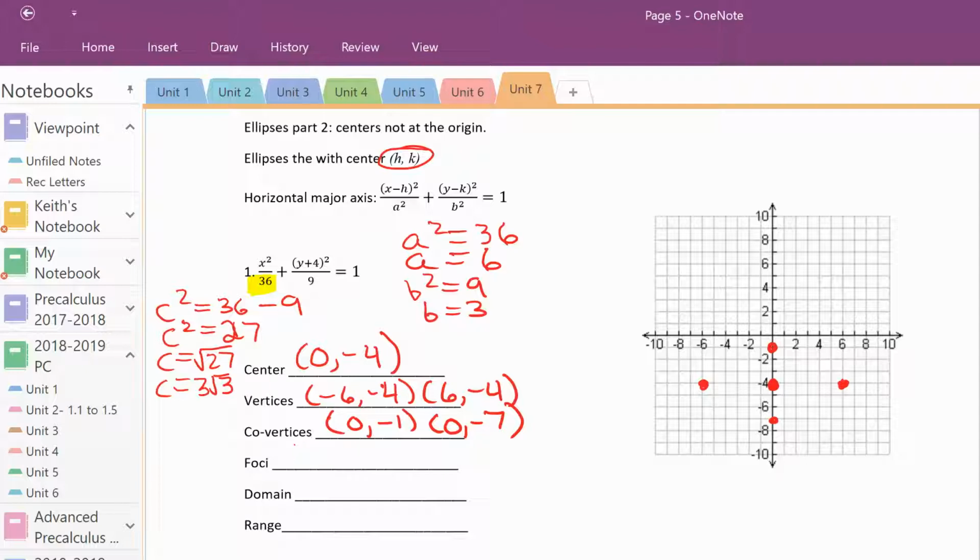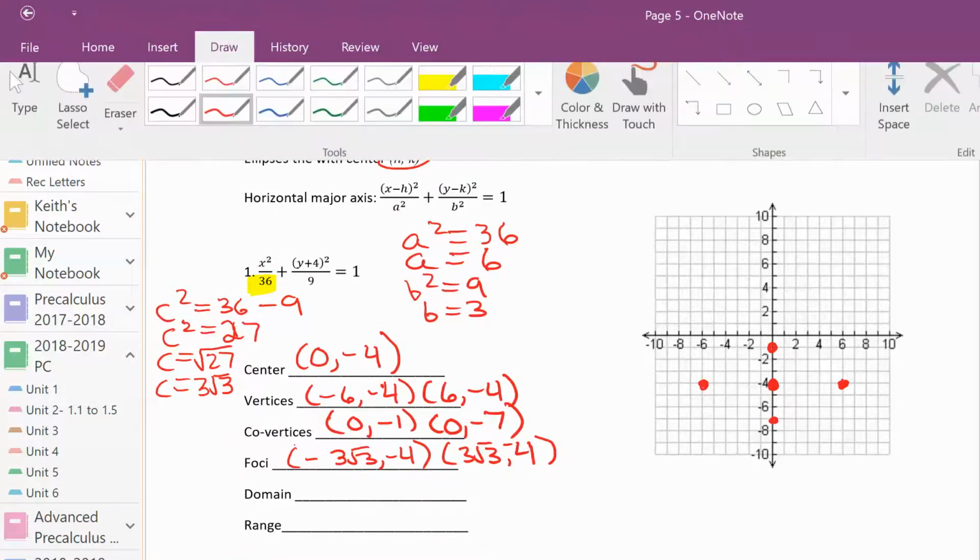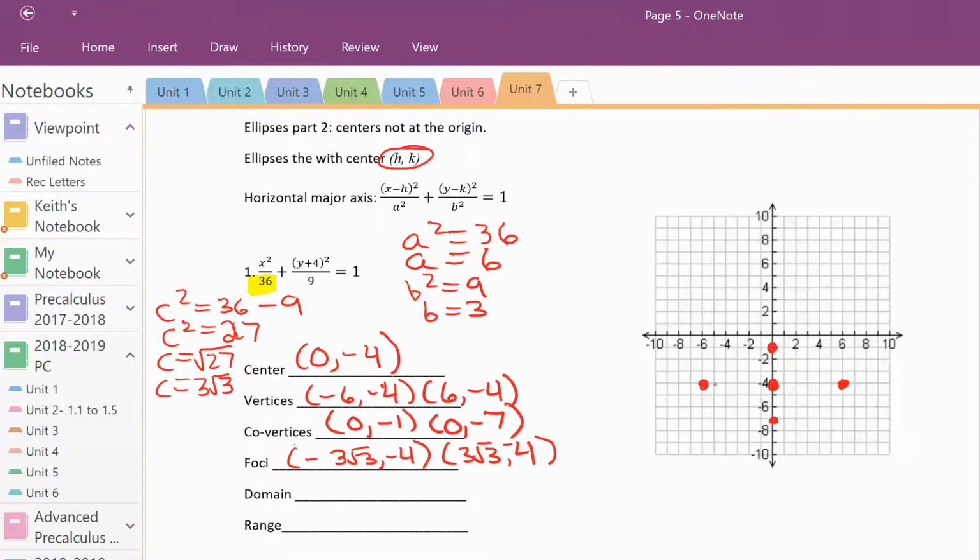So for the foci, since I'm going this way, it's going on the x, I'm going to go (-3 root 3, -4) and (3 root 3, -4). But remember it's between 5 and 6, so I'll go like right there, and then right there. So those are my foci.